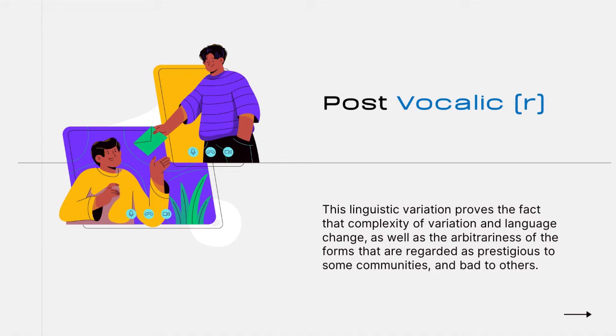However, Eastern England is generally non-rhotic. This linguistic variation proves the complexity of variation and language change, as well as the arbitrariness of the forms that are regarded as prestigious to some communities and bad to others.